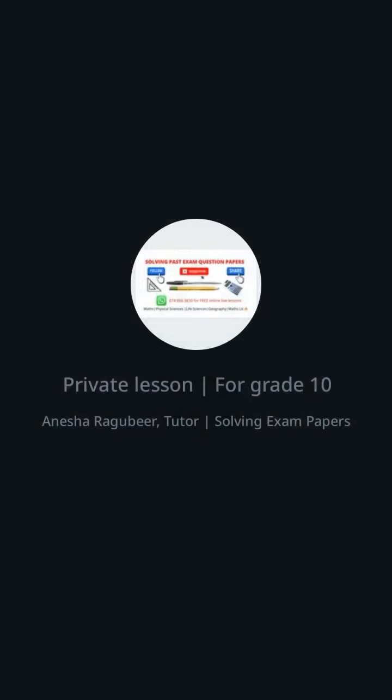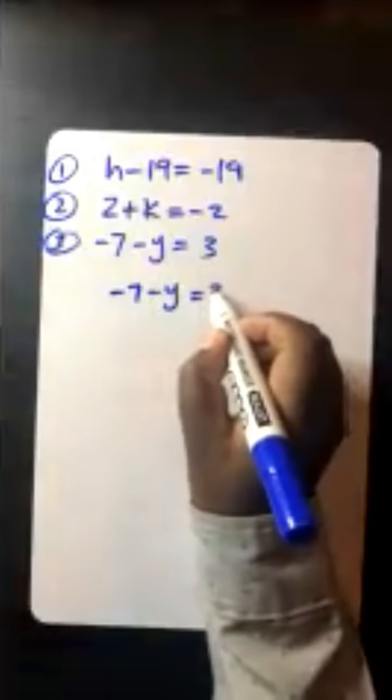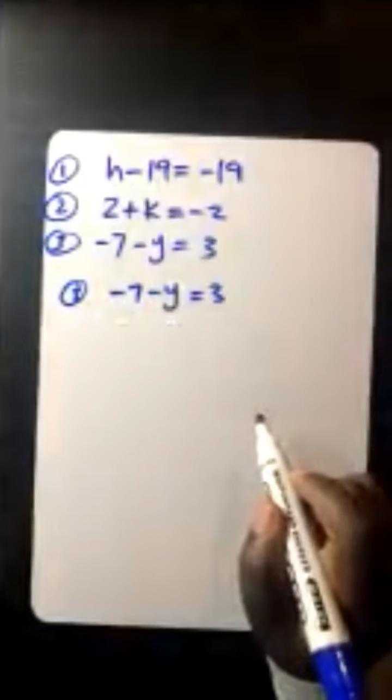So let's move to problem number 3, which is negative 7 minus y equals 3. So Shreyas, that interpretation again.